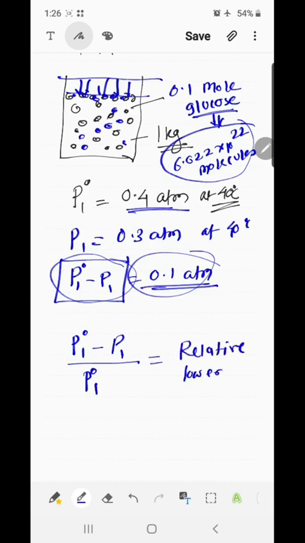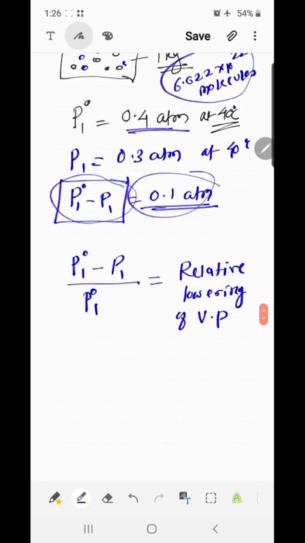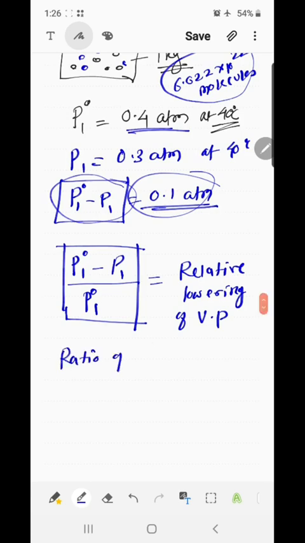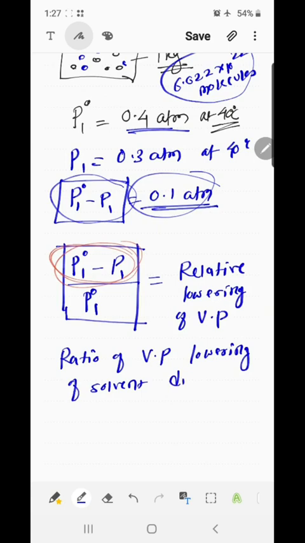that ratio is called as the relative lowering of vapor pressure. So class, we can define relative lowering of vapor pressure as the ratio of vapor pressure lowering of solvent, which is nothing but this value, vapor pressure lowering of solvent, divided by vapor pressure of pure solvent.